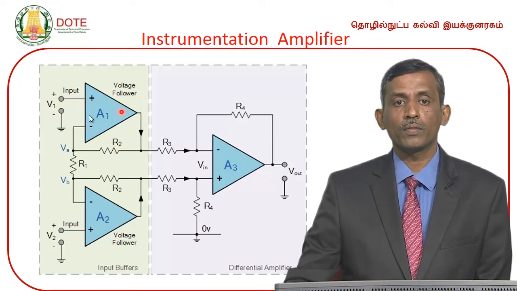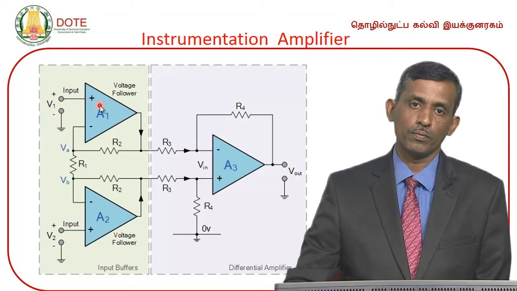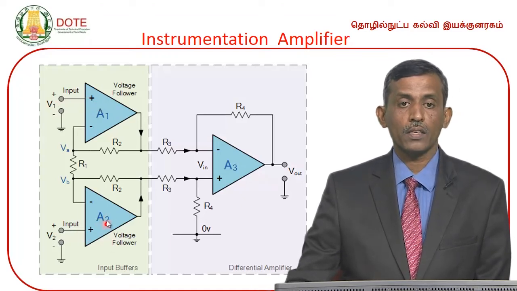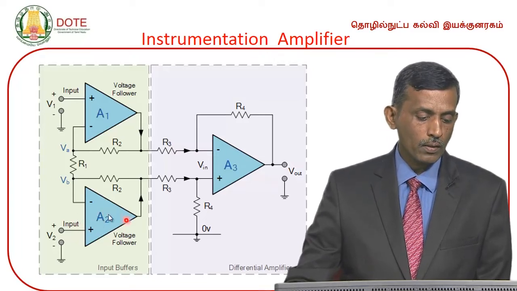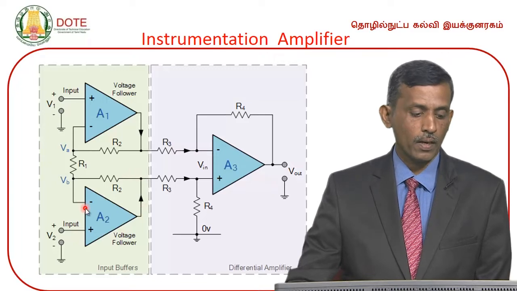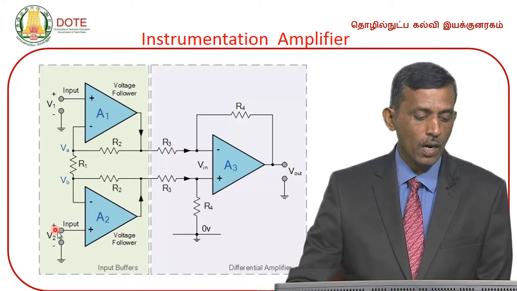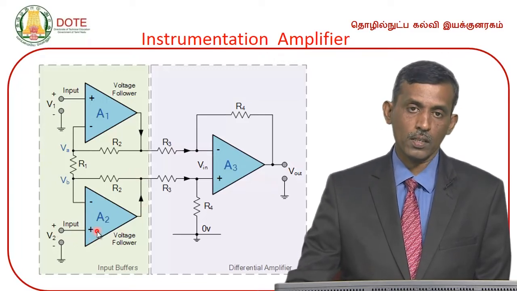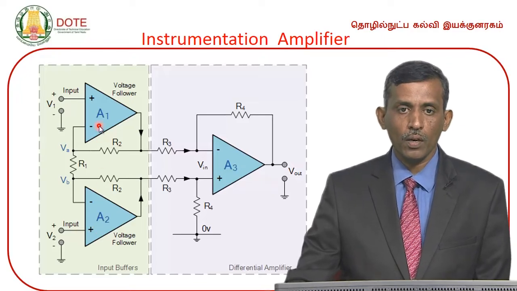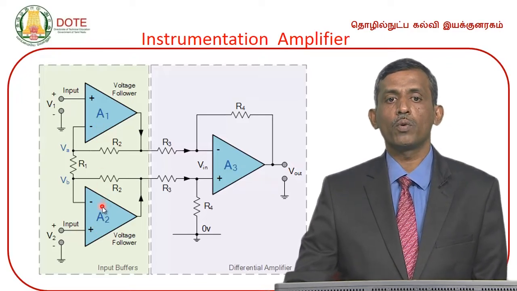So, what is the mode of this device? Non-inverting mode. Now, look at op-amp A2. Here also the output is connected to the negative input, so negative feedback, and input is given to the non-inverting input terminal. So, it is also in the non-inverting mode. இந்த சர்க்யூட்டில் A1, A2 ரெண்டுமே non-inverting மோடில் இருக்குது.